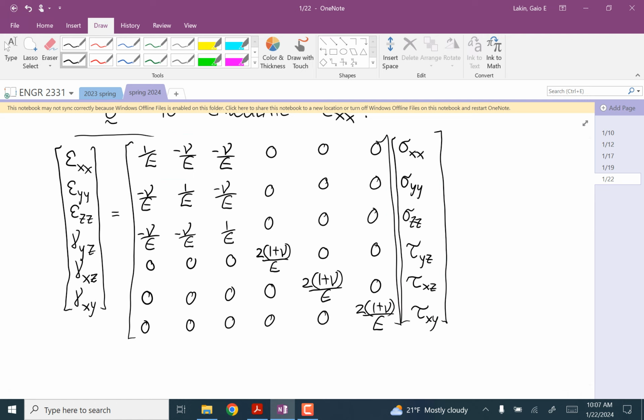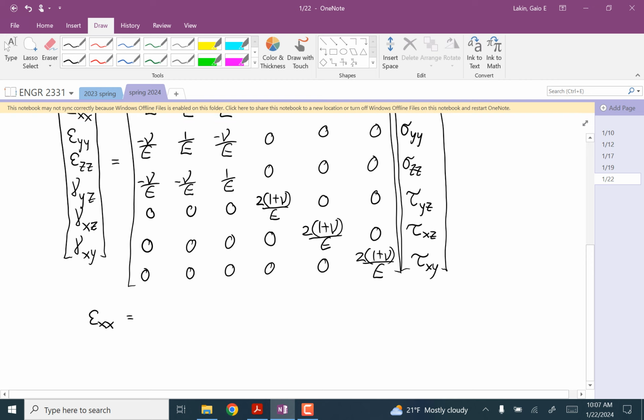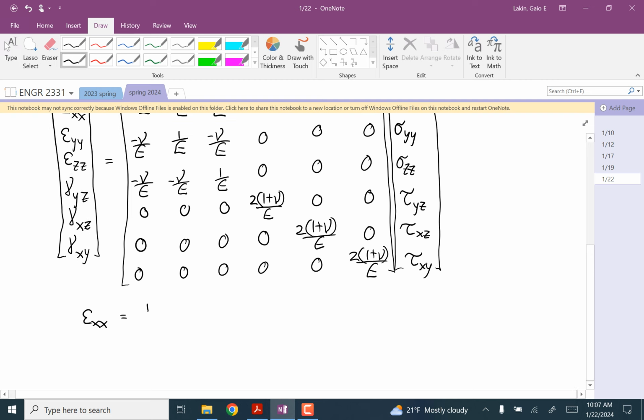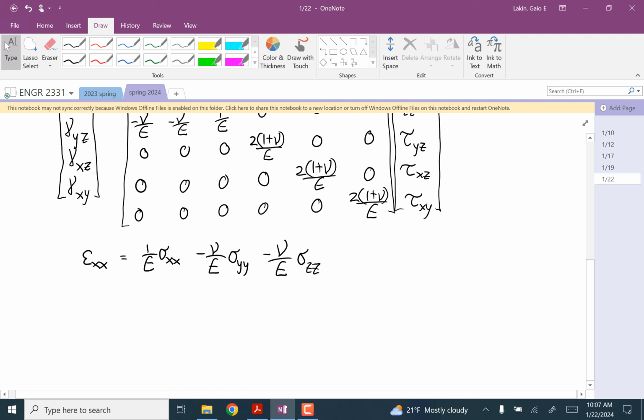And so EXX is equal to 1 over E times sigma XX minus nu over E times sigma YY minus nu over E times sigma ZZ, and then plus 0 times tau YZ plus 0 times tau XZ plus 0 times tau XY. And so this is the relationship that you have.